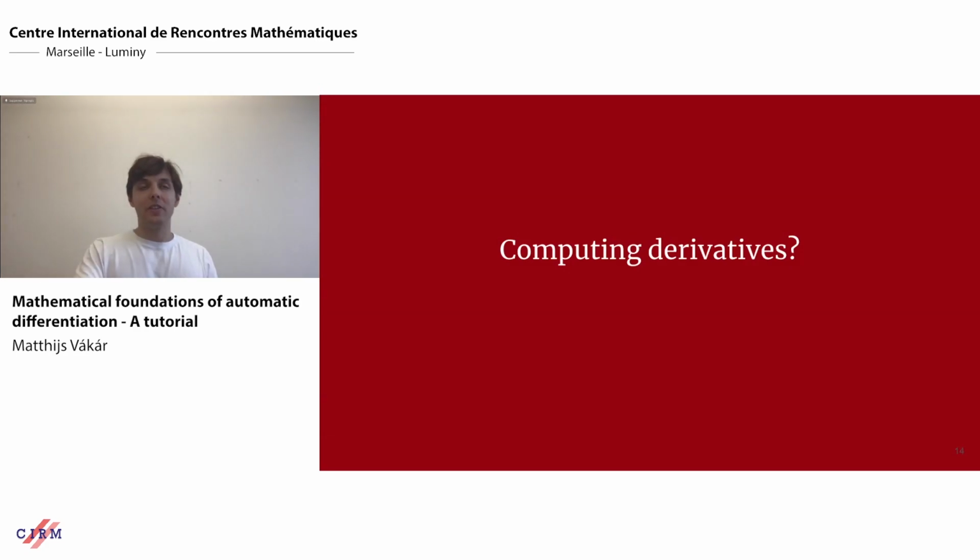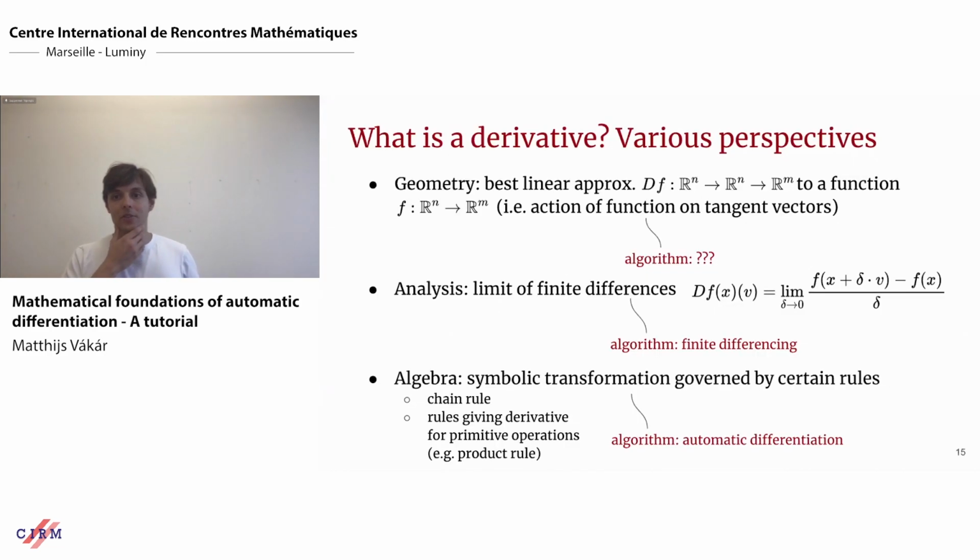So let's zoom in a bit more on what it means to calculate a derivative, now that we hopefully care about calculating derivatives. There are some different perspectives on what it means to be a derivative. If you've taken some different math classes, maybe all your math classes introduced the derivative in a different way.